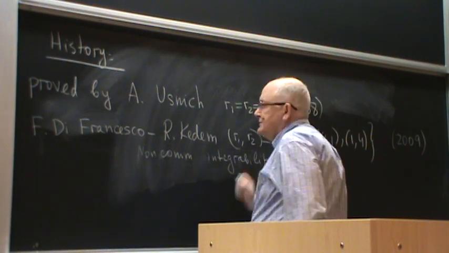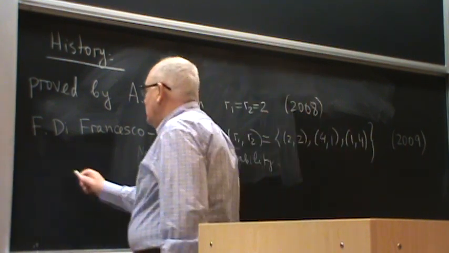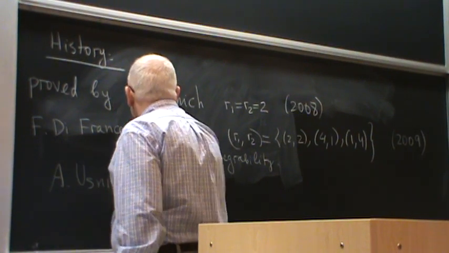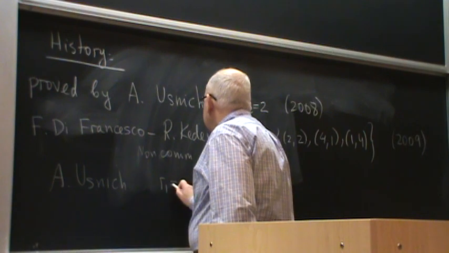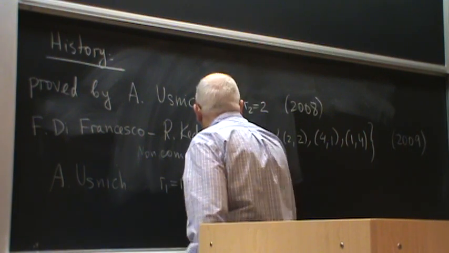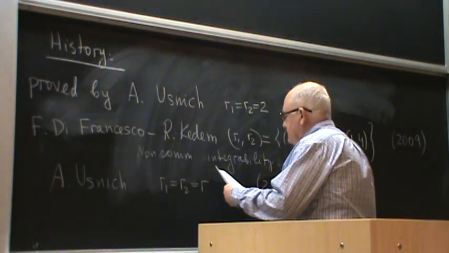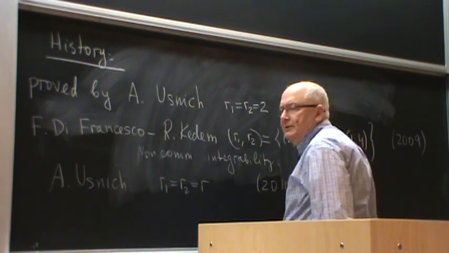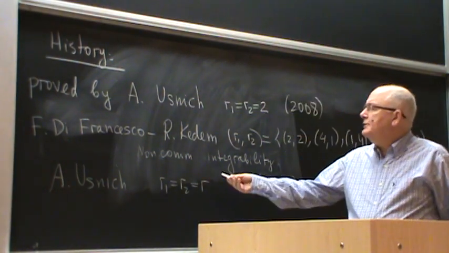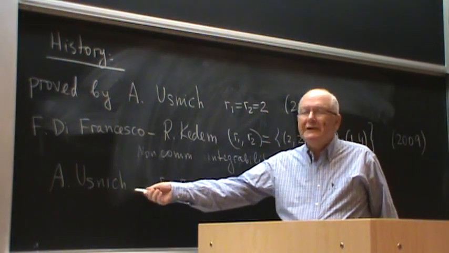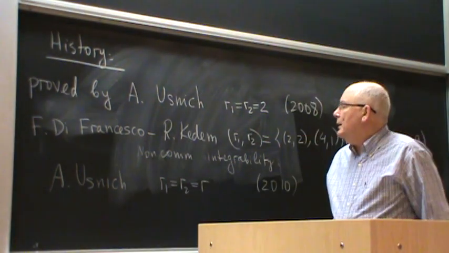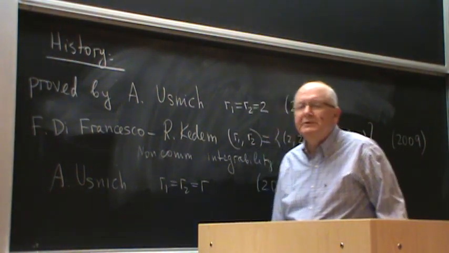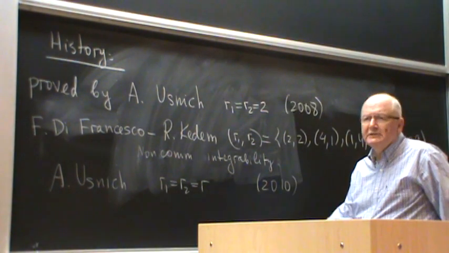They used their theory of non-commutative integrability, approached from physics. Then Usnich showed it for any R1, R2; the proof is 2010. But his proof is non-constructive, and he used very heavy machinery from algebraic geometry, derived categories, and so on.